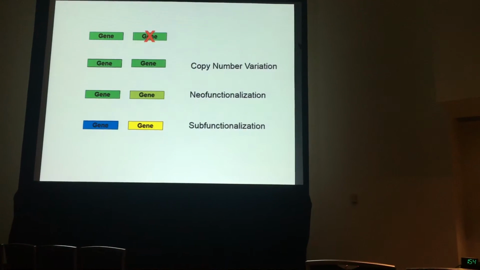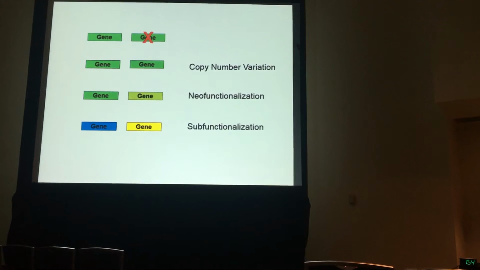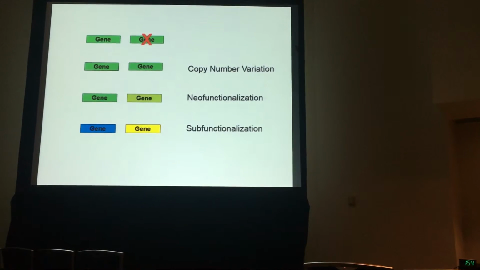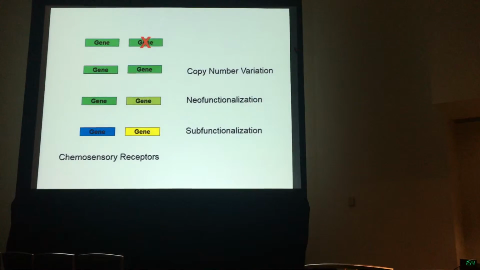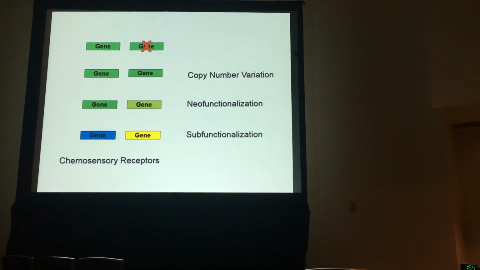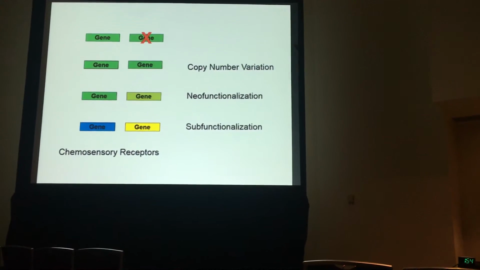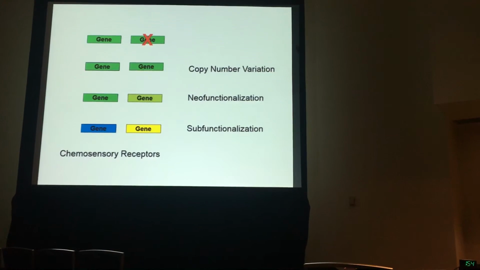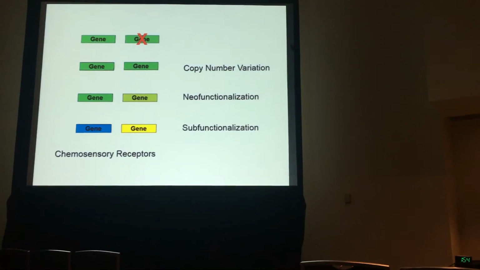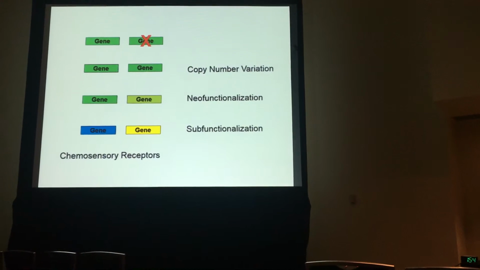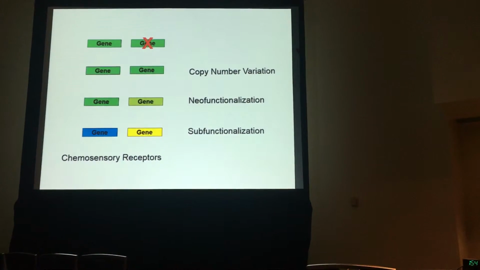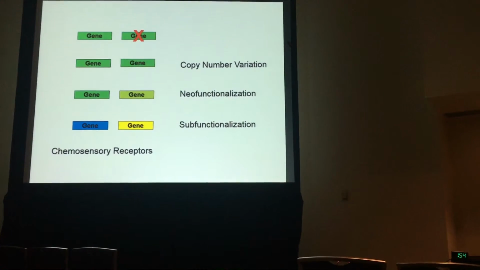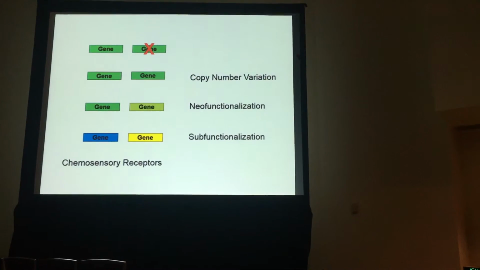And copy number variation is important because, from studies by Macias-Muñoz, animal chemosensory receptors have a large variation in the number of chemosensory genes between species and within species. They suggest that this might be happening due to drift, but that these copy number variations are adaptive in a new niche.